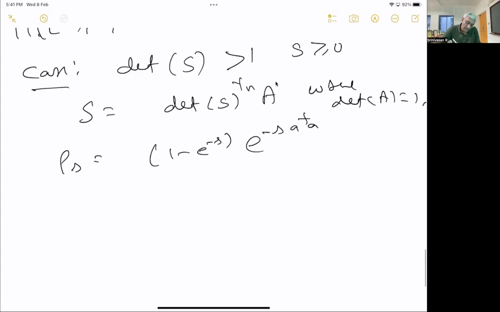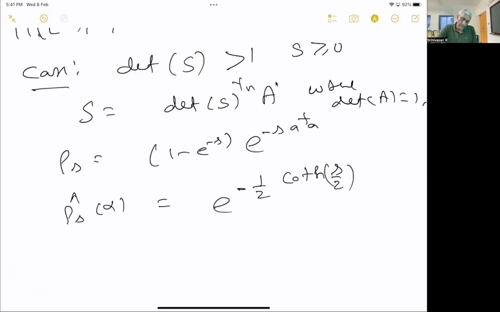Then we know that ρ̂_S at α is equal to e^{−½ coth(S/2) |α|²}. I think this is the right statement. Yes, is it squared? I think it's just coth.